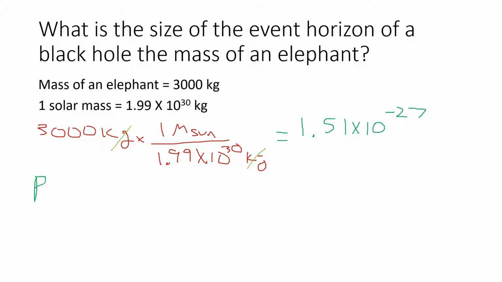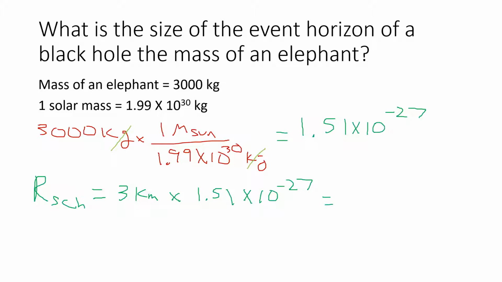So the event horizon, or Schwarzschild radius, for an elephant-massed black hole is 3 kilometers times 1.51 times 10 to the negative 27, because that is the mass of the elephant in solar masses.